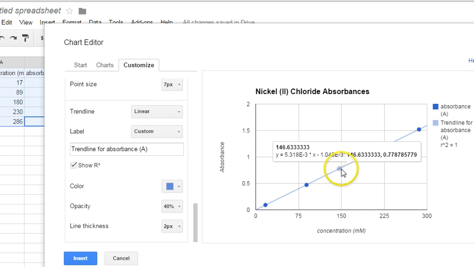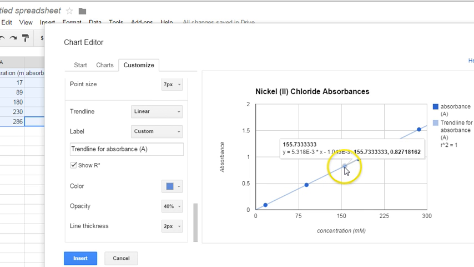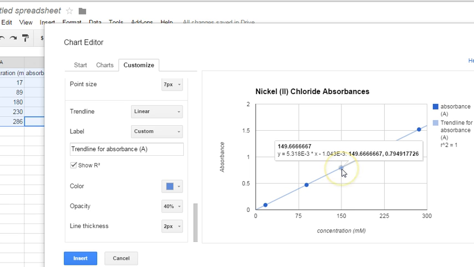Oh, sorry. Where is it? I see. So at 150 millimolar, I just have to plug in 150 for x, and then solve the equation for y, and that would be the absorbance at 150 millimolar. The boldface numbers there, 149.66666667, that's not quite 150.